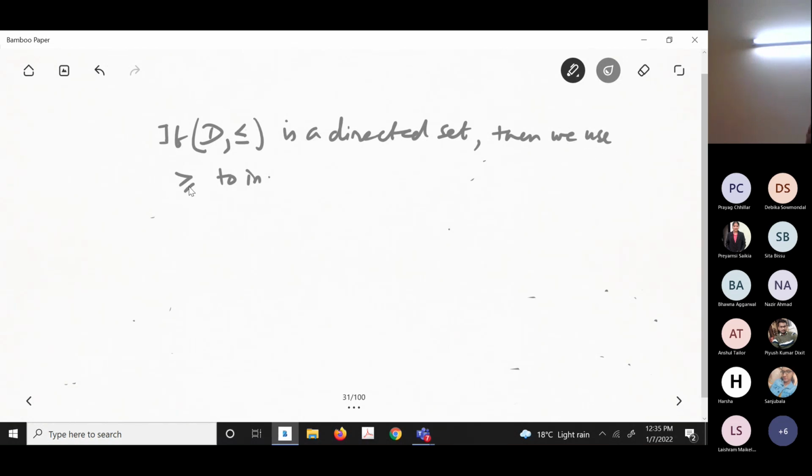Then for lambda 1, lambda 2 in D, we use lambda 1 greater than or equal to lambda 2 to denote, to indicate this thing.